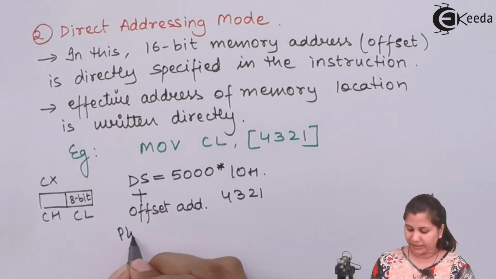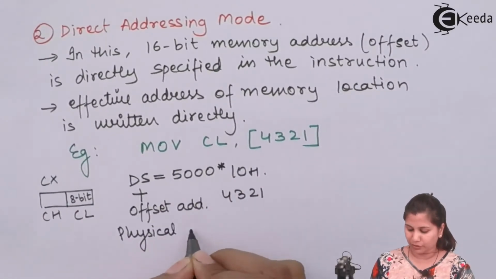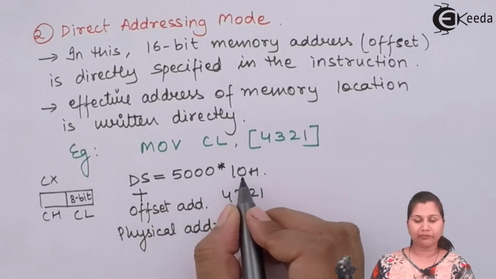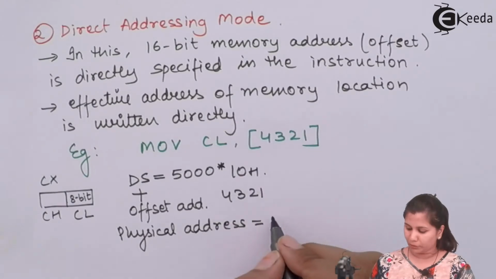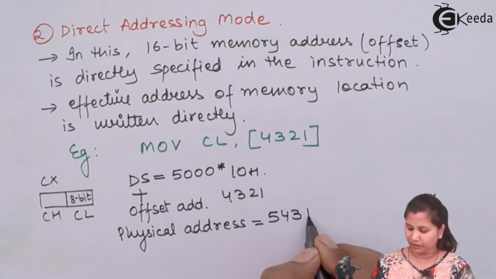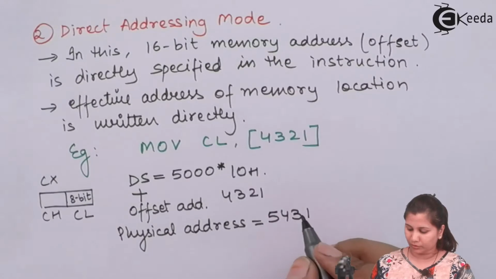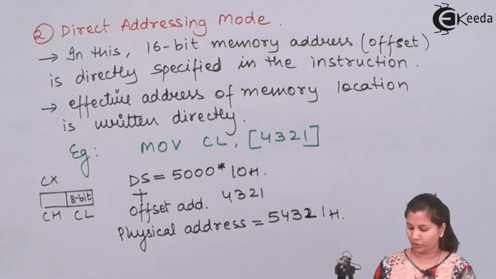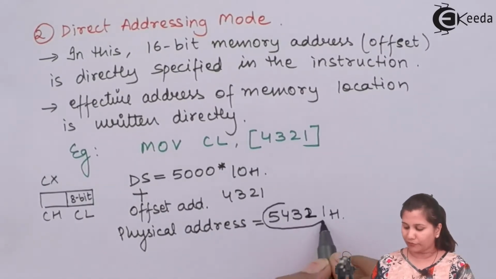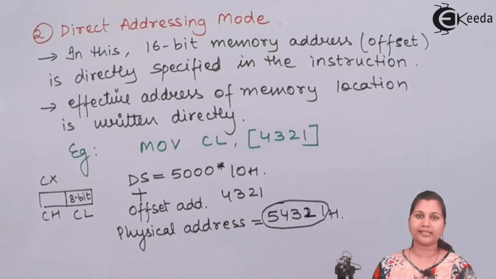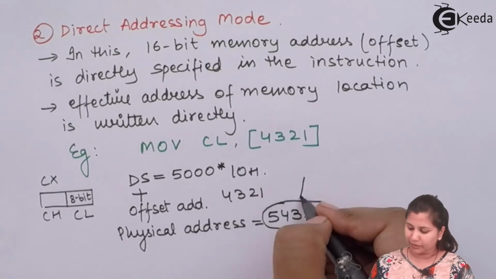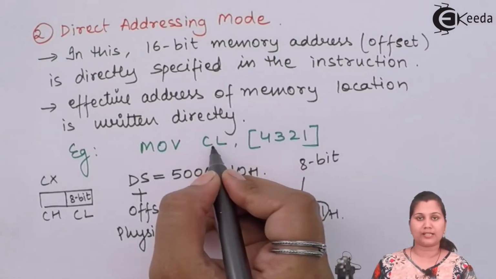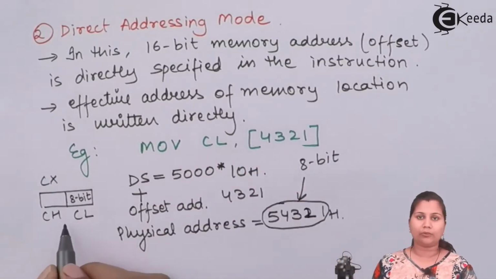So the complete physical address of that memory location becomes 5000 multiplied with 10 plus 4321, so it becomes 54321H. That is the address of the memory location where the data is stored. At this memory location, 8-bit data will be stored, and that 8-bit data will be transferred into the lower count register.